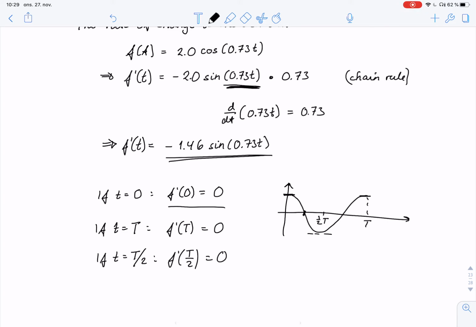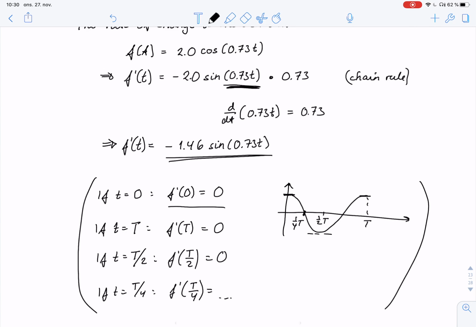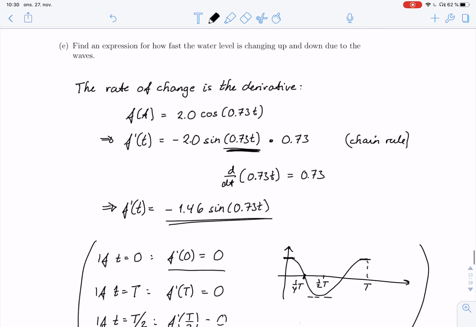But if you go to 1/4 of a t, you will have the maximum change. Yeah. But this is not required at all, just to make you understand what the expression shows.